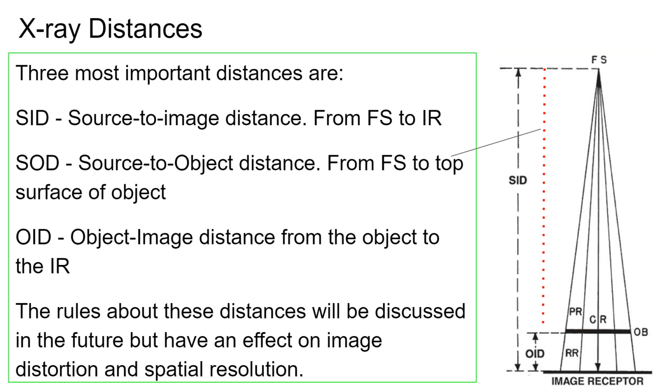So if you go from 72 to, let's say, 75 SID, change the SID by 3 inches, you probably won't see the magnification. If you have 3 inches of OID, you'll see it. So, it gives you more for the money on OID.